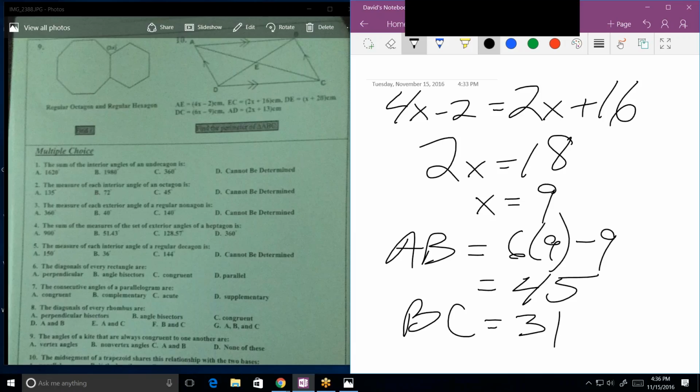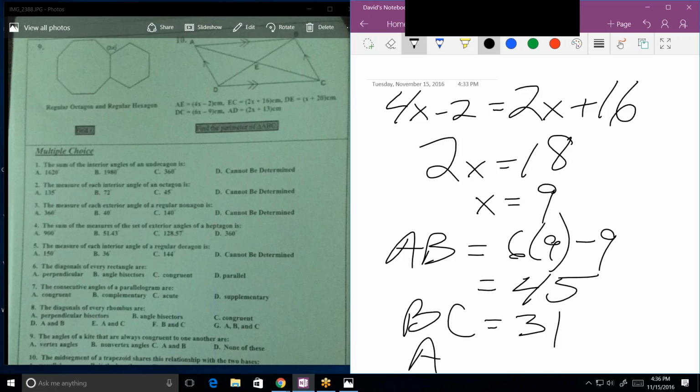Okay, we'll just do... It's twice this, right? Or twice this. Yeah. Either one. 4 times 9 minus 2 equals... So it's 4x plus 32. It's 36 plus 32. Should be 68. Ah, the length of AC is 68.